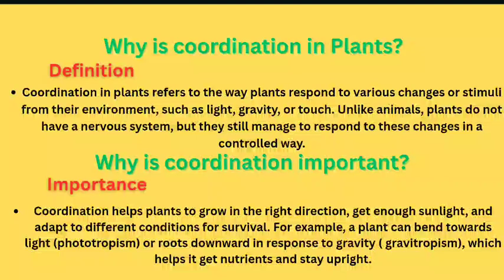For example, a plant can bend toward light, which is called phototropism, or grow roots downwards in response to gravity, which is called gravitropism, which helps it get nutrients and stay upright. So in an easy manner you can say coordination is important in plants for growing and surviving.